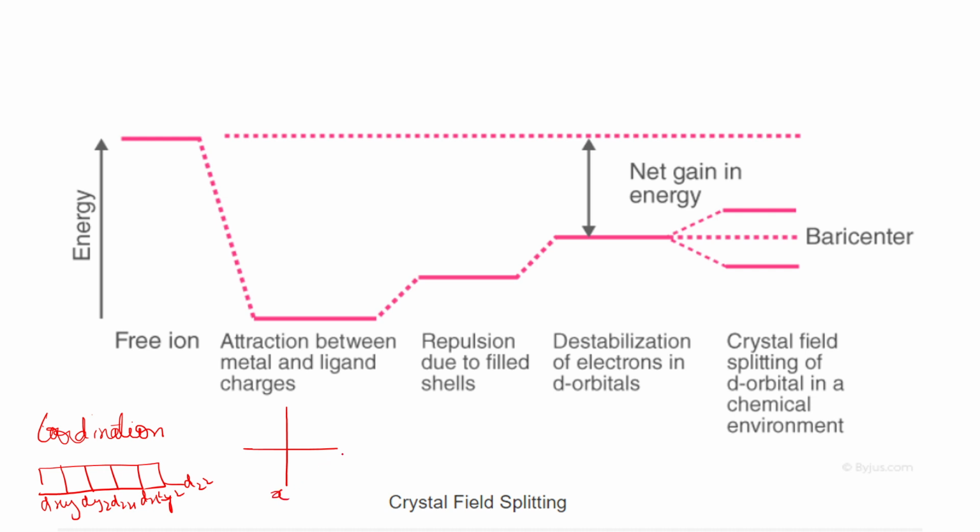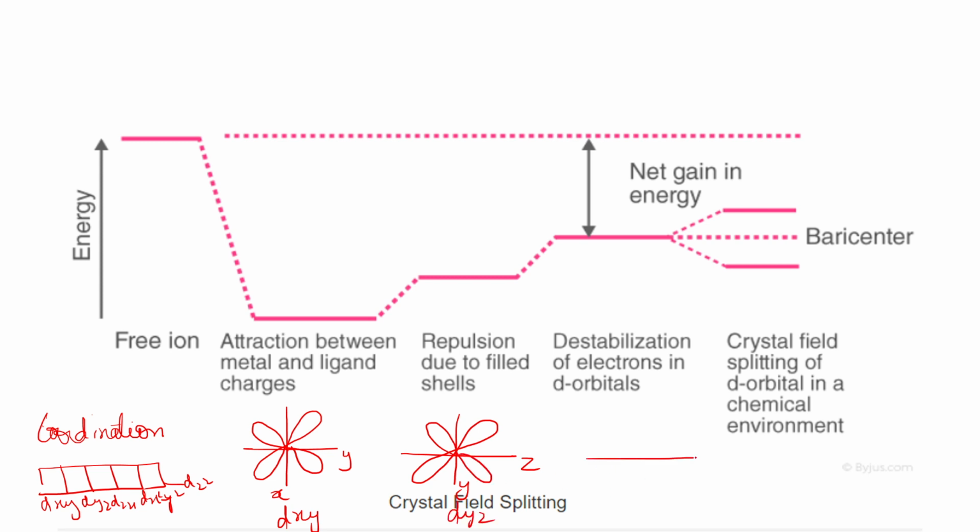So let us say this is x, this is y. So dxy is in between. Let's say this is the y axis and this is the z axis. So dyz is in between, like that.